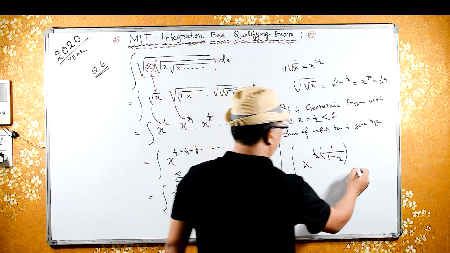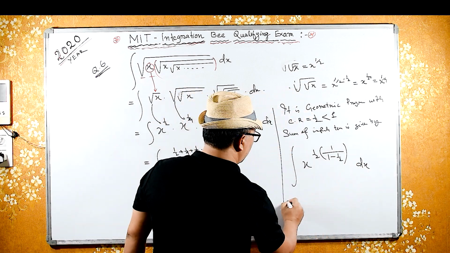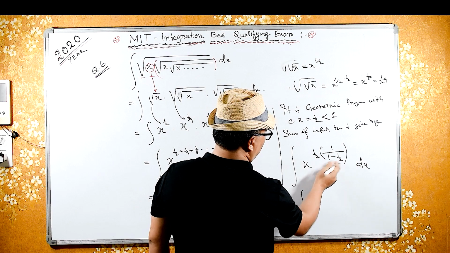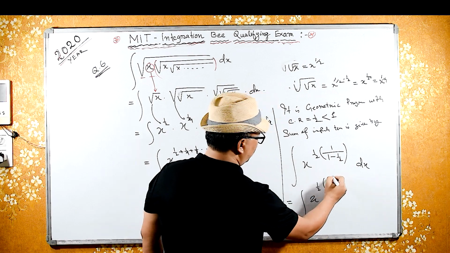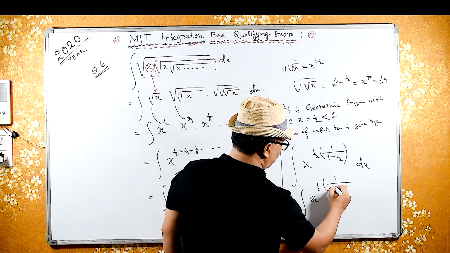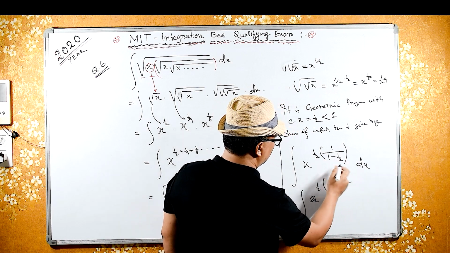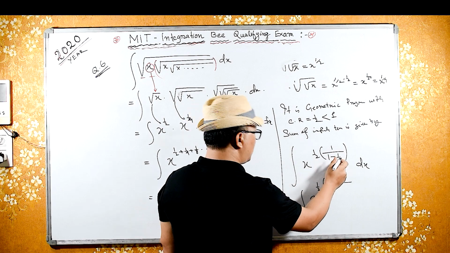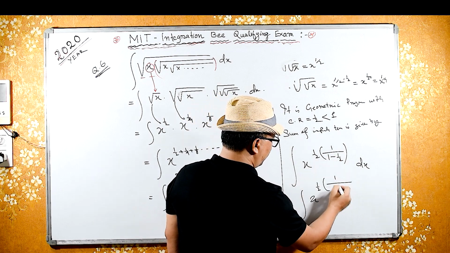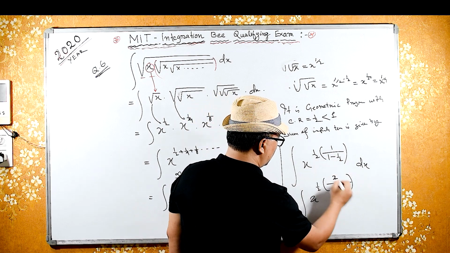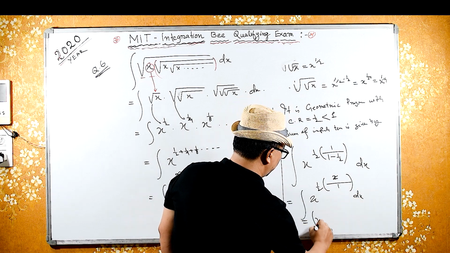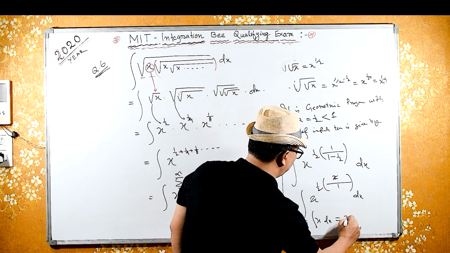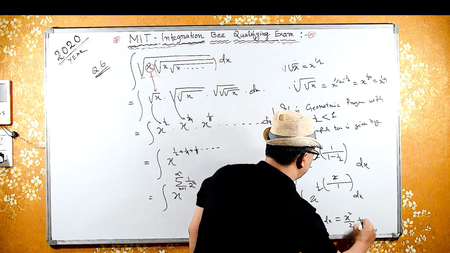So this is x raised to half over, if you take LCM, 2 minus 1, half minus 1 is half. Bringing up 2 by 1, the 2 gets cancelled. Here I have only x, integral x dx, which is x square upon 2 plus c.